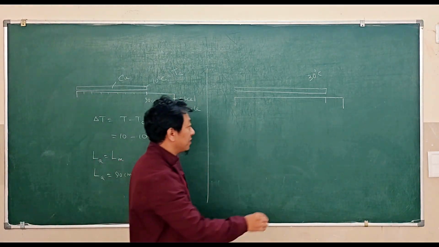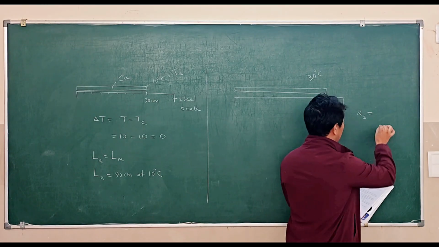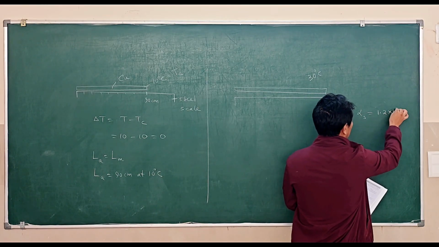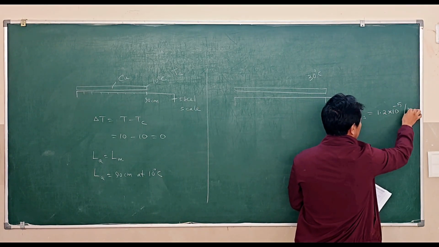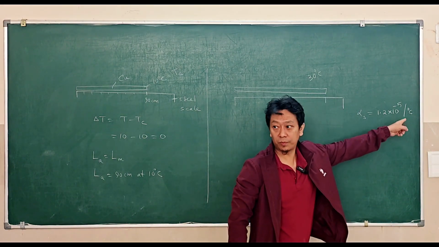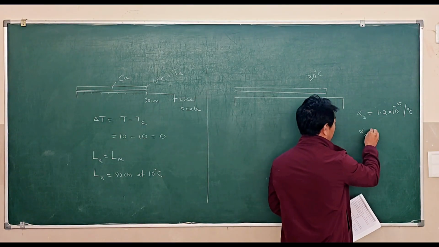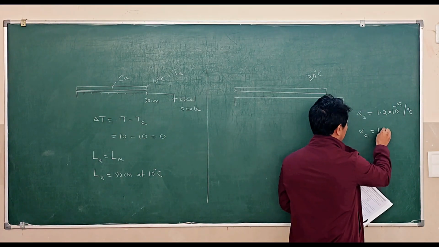Alpha for the steel is given. Coefficient of linear expansion 1.2 into 10 power minus 5. I told you this number will be very small. See, this is 0.000 some, 10 power minus 5. And what is alpha of copper? 1.7.